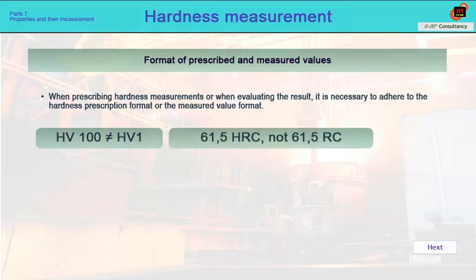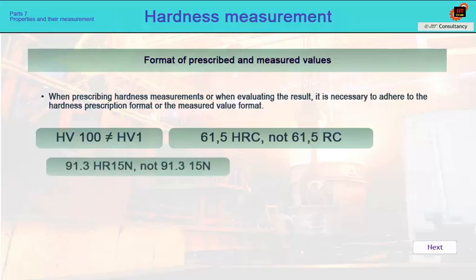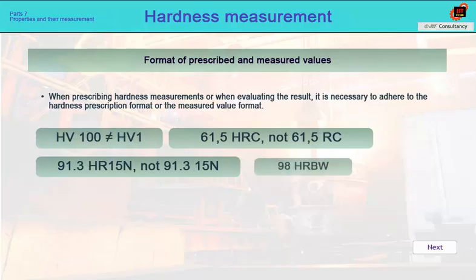For Rockwell C, the values are written as 61.5 HRC, and not, for example, 61.5 RC. For the surface Rockwell, the value is written as 91.3 HR15N, not as 91.3 15N. For the Rockwell B method with a tungsten carbide ball, the value is indicated as 98 HRBW.